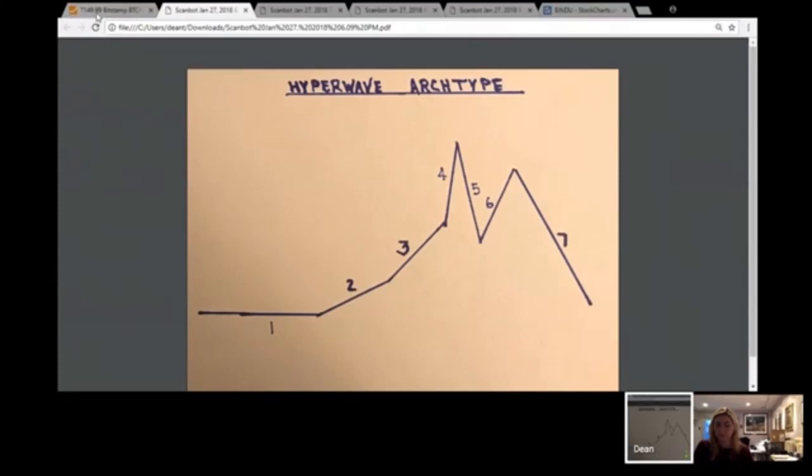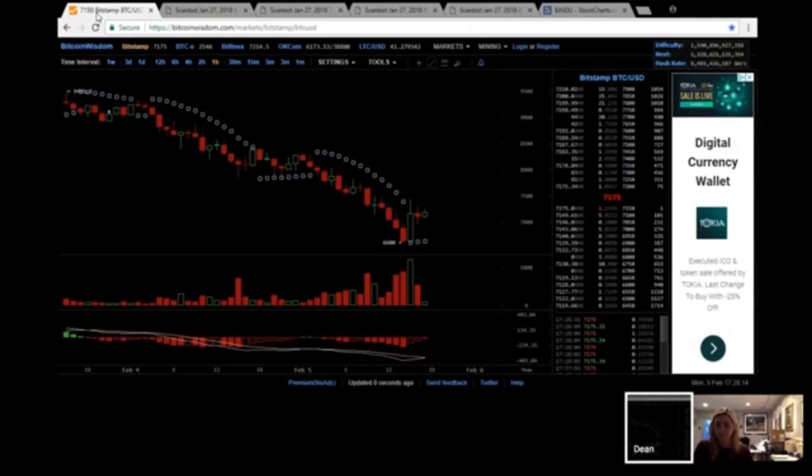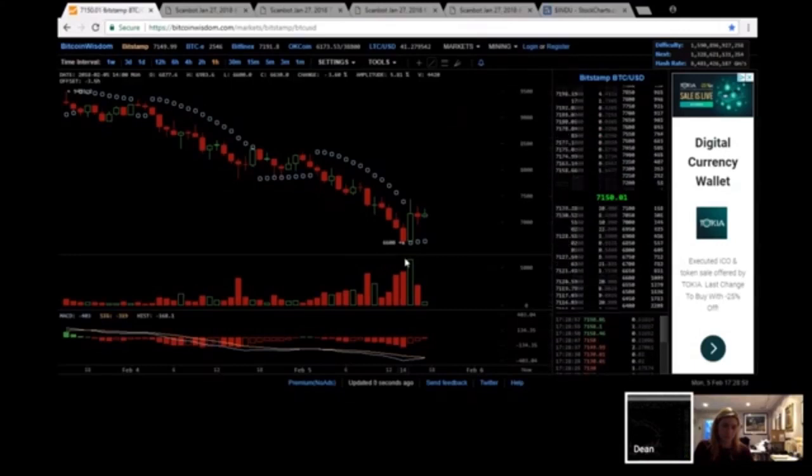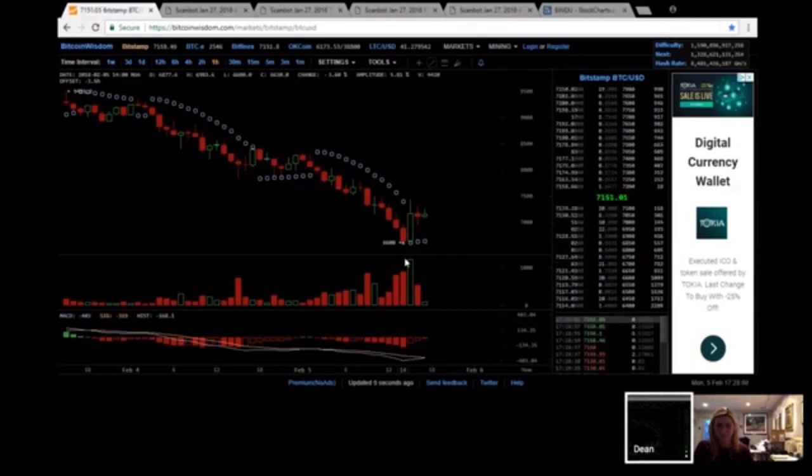If we can keep above 6,300 on a weekly closing basis, and I believe we're going to, even though we penetrate it during the week, then we are early in this hyperwave.